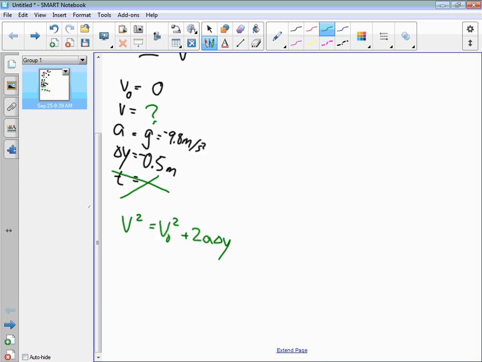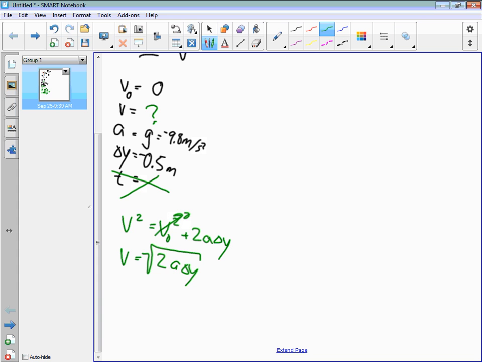I'll have to take the square root, but that's pretty obvious. And hey, while I'm at it, is anything equal to 0? Because that's always cool. What's equal to 0? So that makes that really easy. Final velocity is equal to the square root of 2a delta y. Good so far?